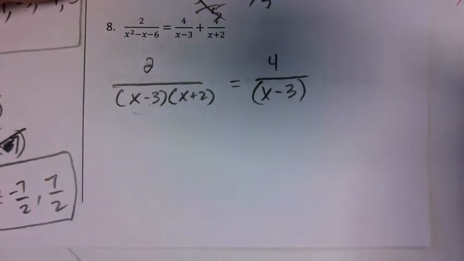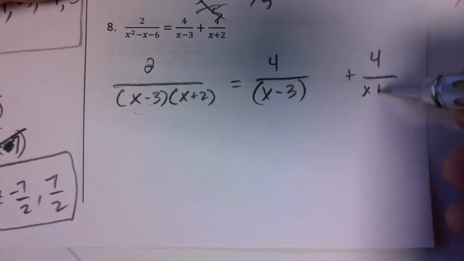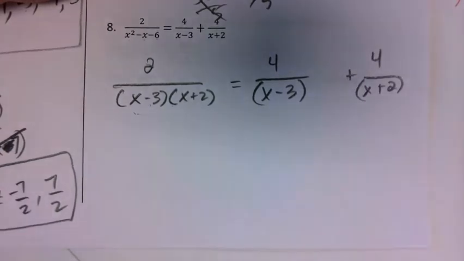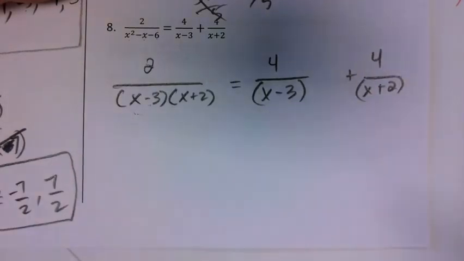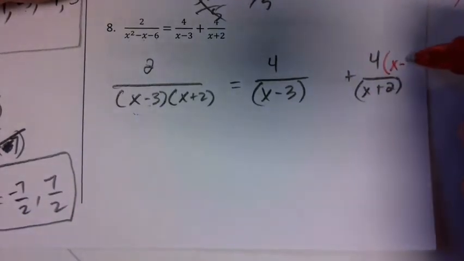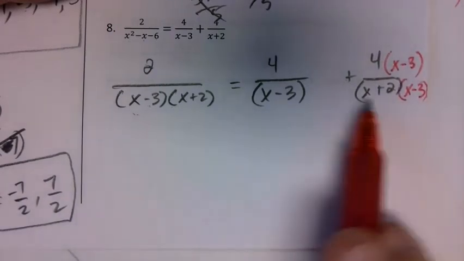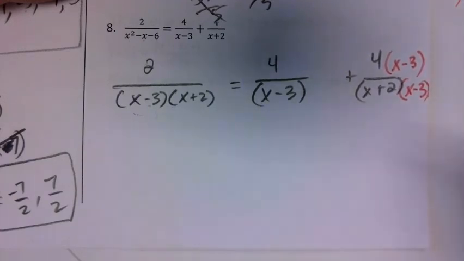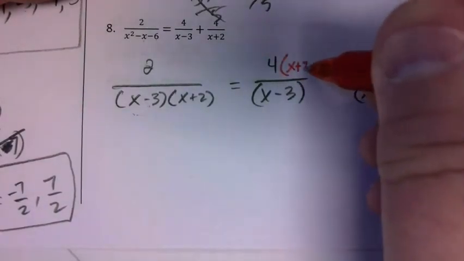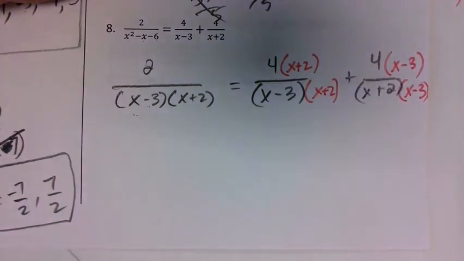Plus 4 over x plus 2. But I notice differences. X minus 3, no x minus 3. So I'm going to put an x minus 3 here. Now these are the same, but this is not. Because see, x plus 2, this one needs an x plus 2. Okay, now I've got that.